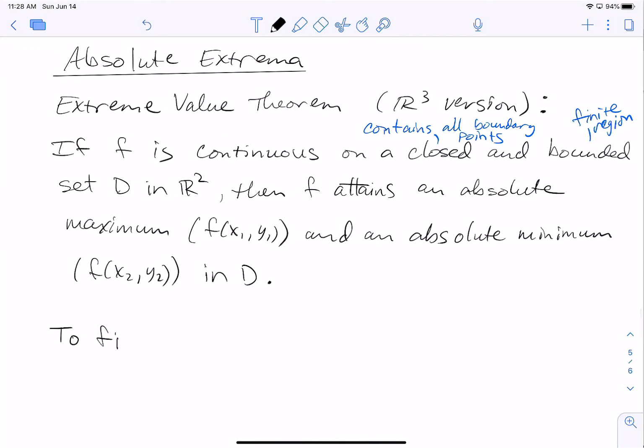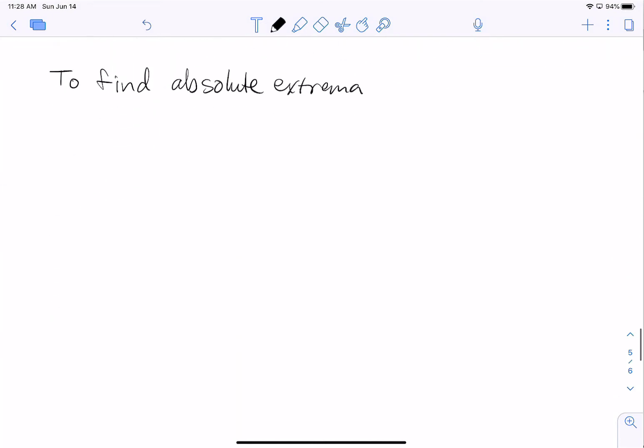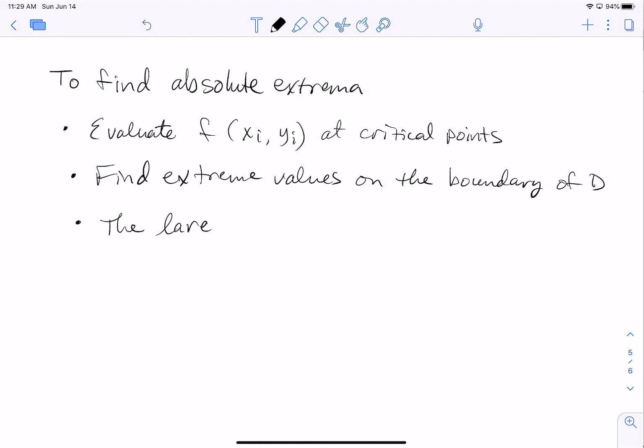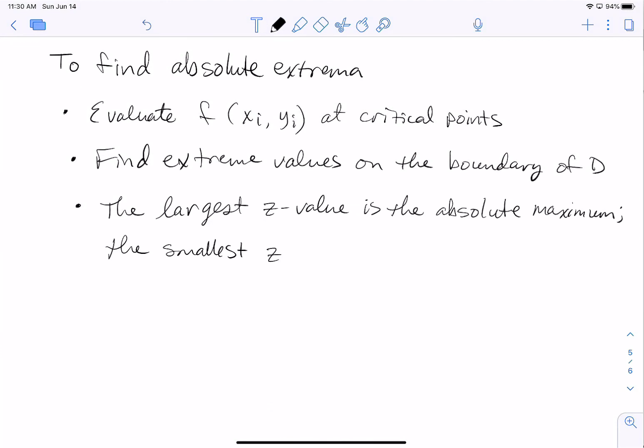So to find absolute extrema, what we do is evaluate f of xi, yi at critical points, find extreme values on the boundary of D, and then of these, the largest z value is the absolute maximum, the smallest z value is the absolute minimum.